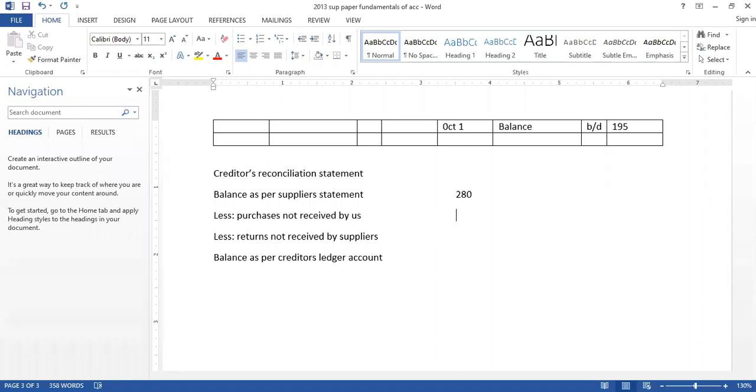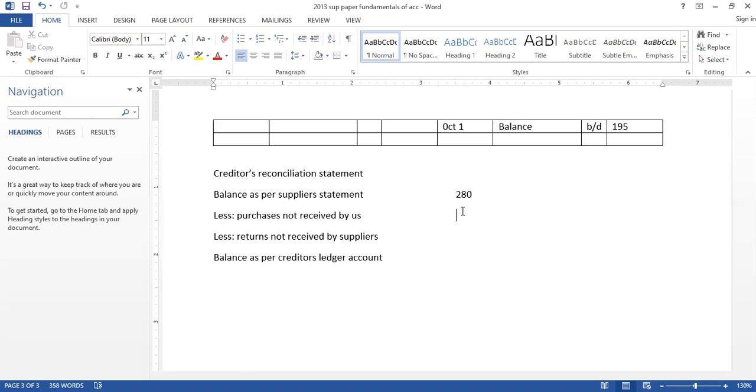And then you subtract purchases not received by us. Now the purchases not received by us have to do with the amounts that your suppliers recorded by mistake. This has to do with the 75. Your suppliers recorded that your company made a purchase of items worth 75, but that was a mistake.